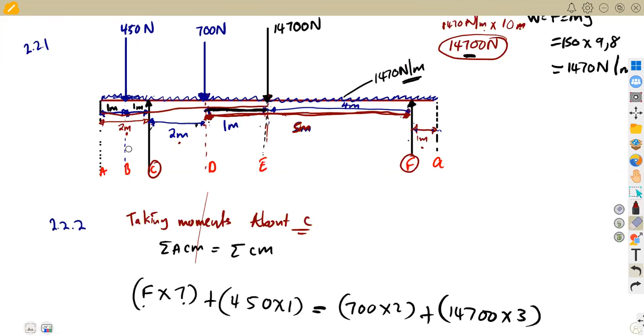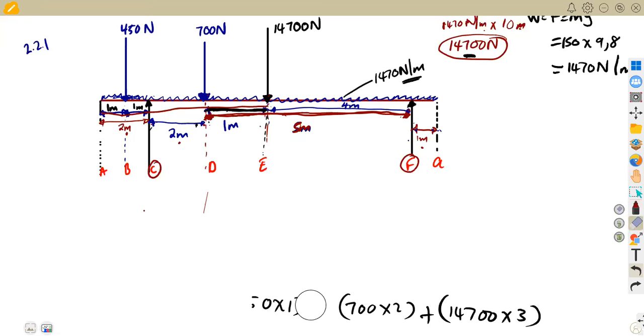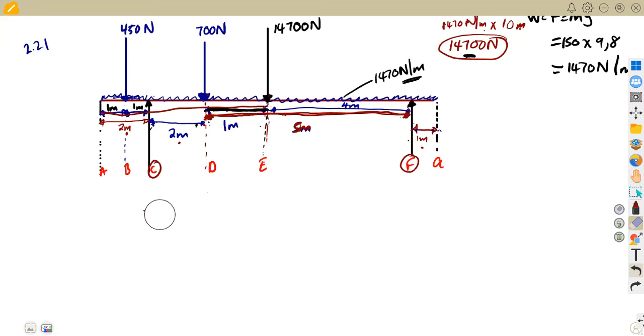All right, something like this. So let's say we are to take moments about F in this case. How are we going to obtain the value of C? So let's see what we're going to have in here, taking moments about F.